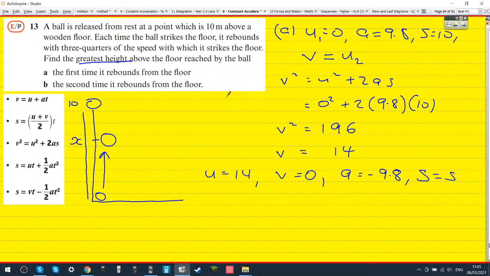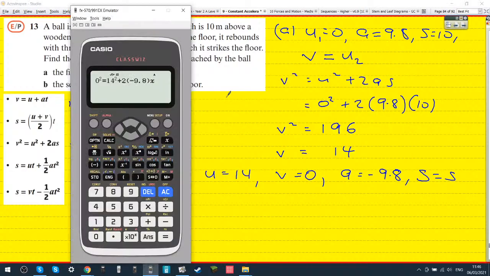So what would that change? Would that change the initial velocity? Yeah, so you times it by 3/4, which is 10.5.